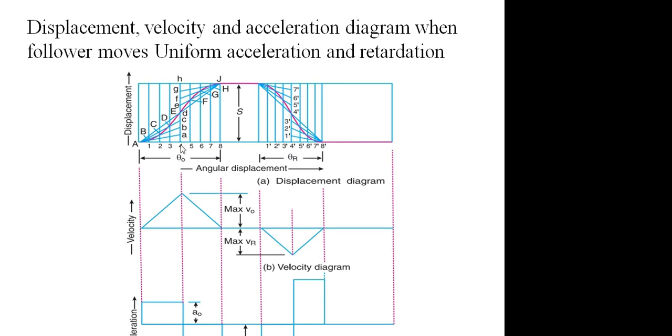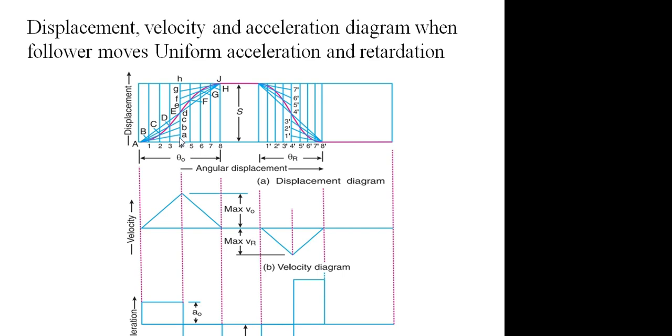Now find the midline of the outstroke and return stroke, that is the mid vertical line 4 from outstroke and return stroke. Here in the outstroke it is 4 and in the instroke it is denoted by 4 dash.